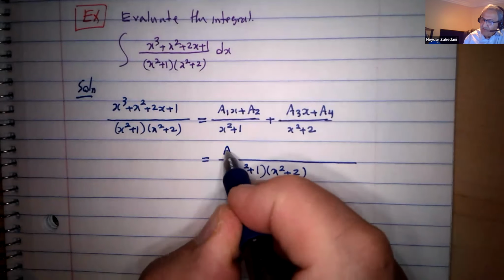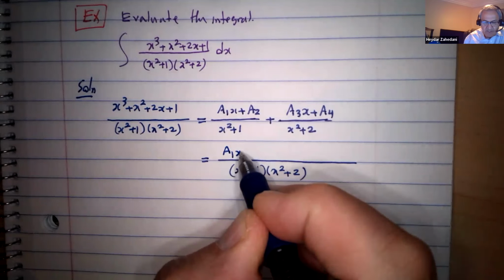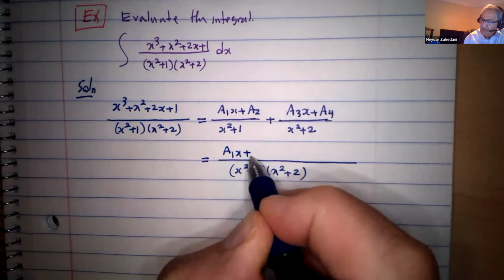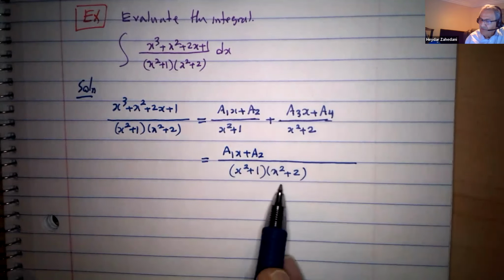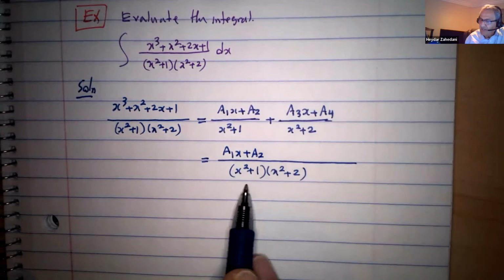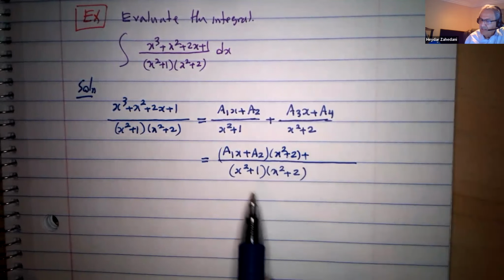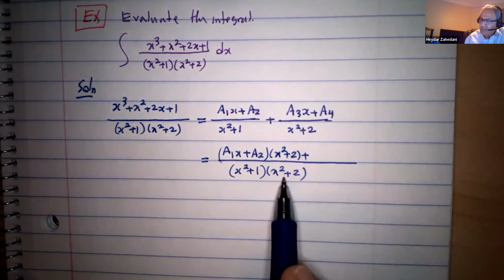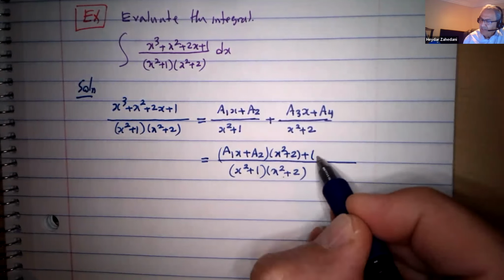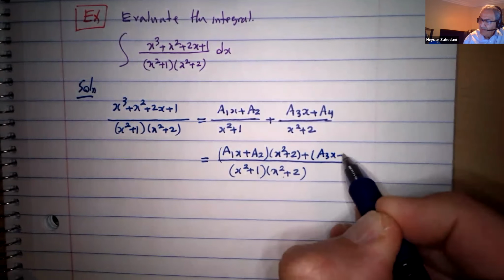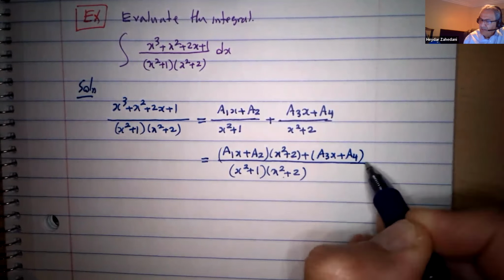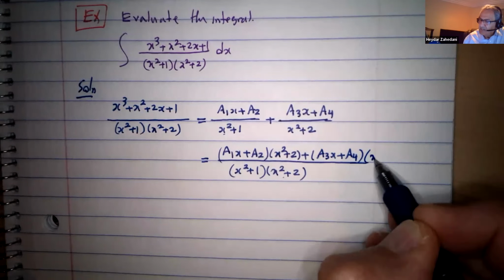So we're going to have A1x plus A2, because when you divide the old denominator by the new one, this cancels out, you get x squared plus 2. So that's times x squared plus 2, plus, we repeat this one, this will cancel out, so we get A3x plus A4 times x squared plus 1.